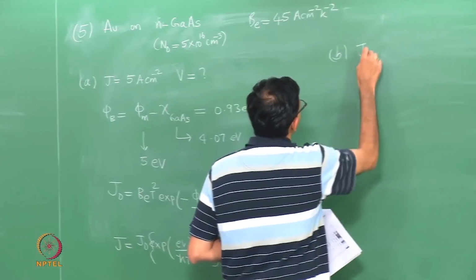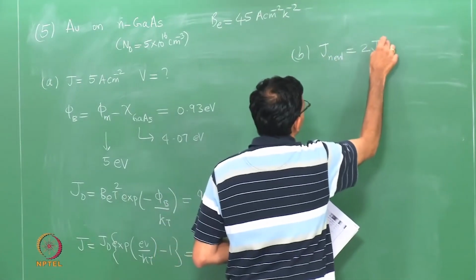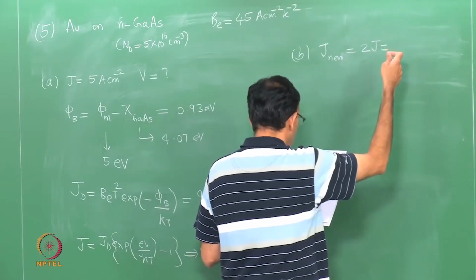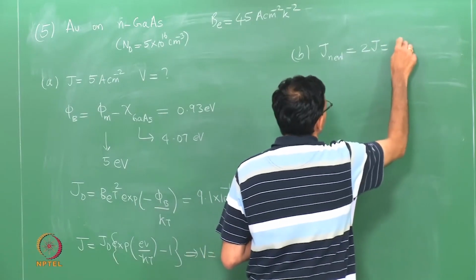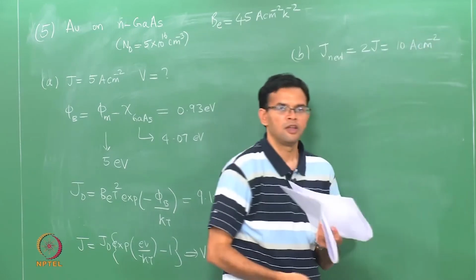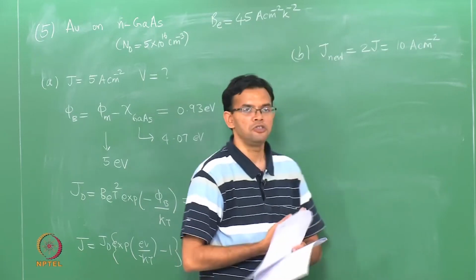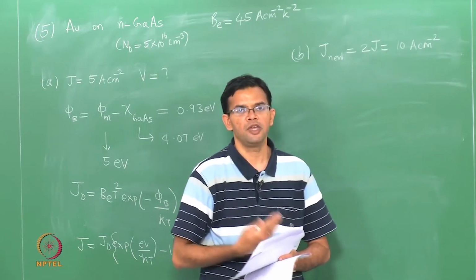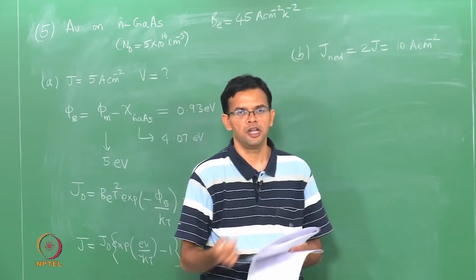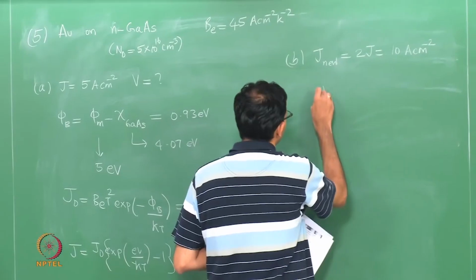So, J new, which is your new current density, is 2 times the old one. So, this should be 10 amps per centimeter square. You can either take the ratio of the old and new J, or you could use the same equation J naught exponential EV over KT minus 1, and calculate.